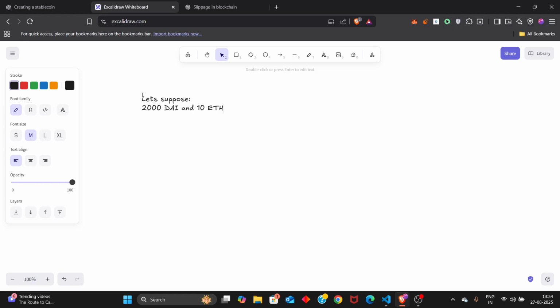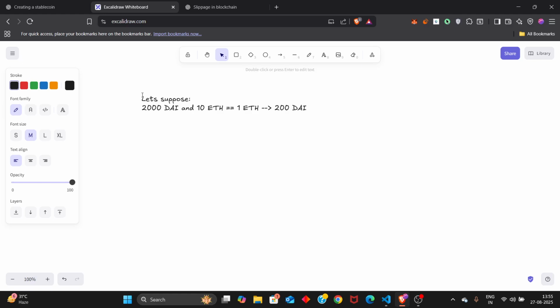From this we can say 1 ETH is equal to 200 DAI. So in this position, if I give 1 ETH, I will get 200 DAI, and vice versa. If I give 2000 DAI, I'll get 1 Ethereum.